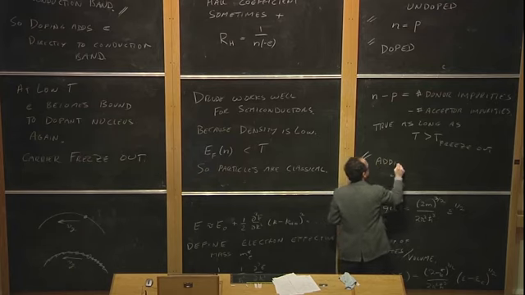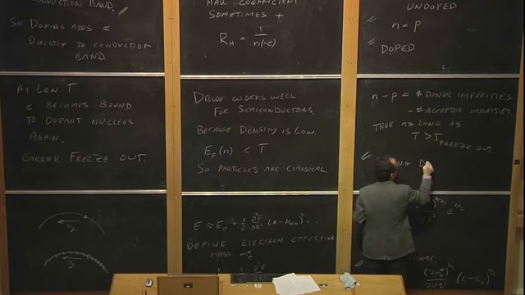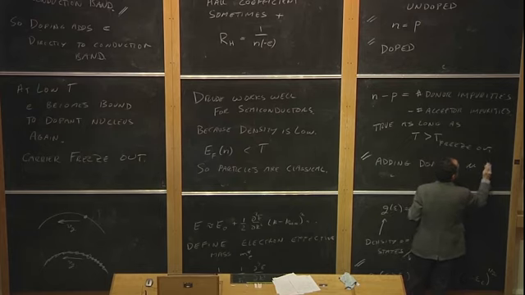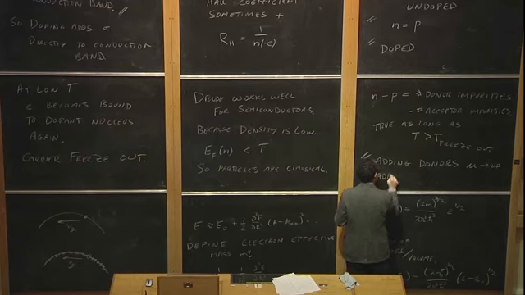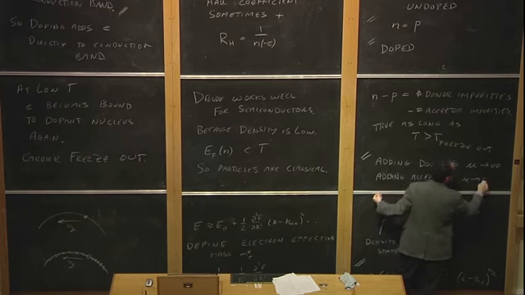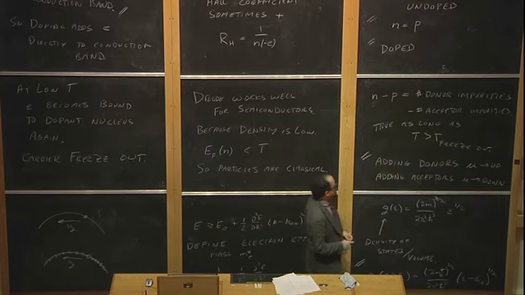Adding donors, mu goes up. Adding acceptors, mu goes down. But because of the law of mass action, the product of those two is always going to stay fixed.